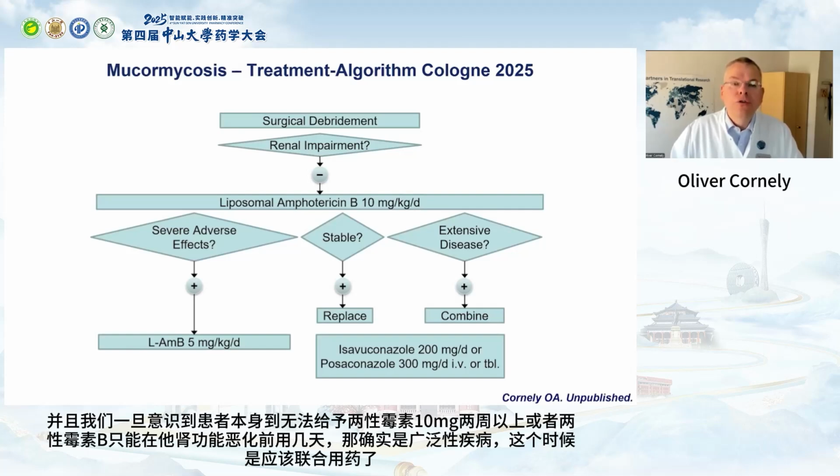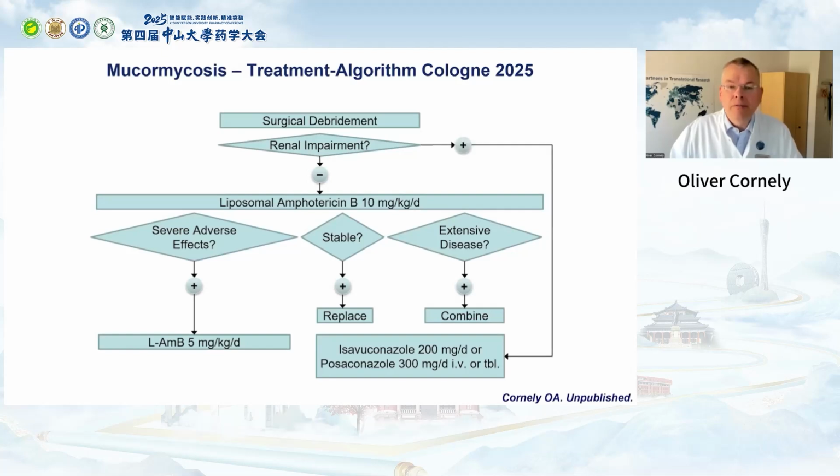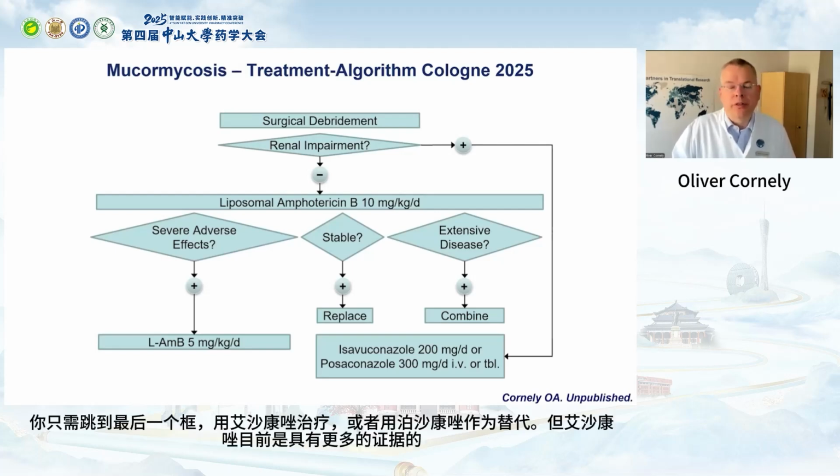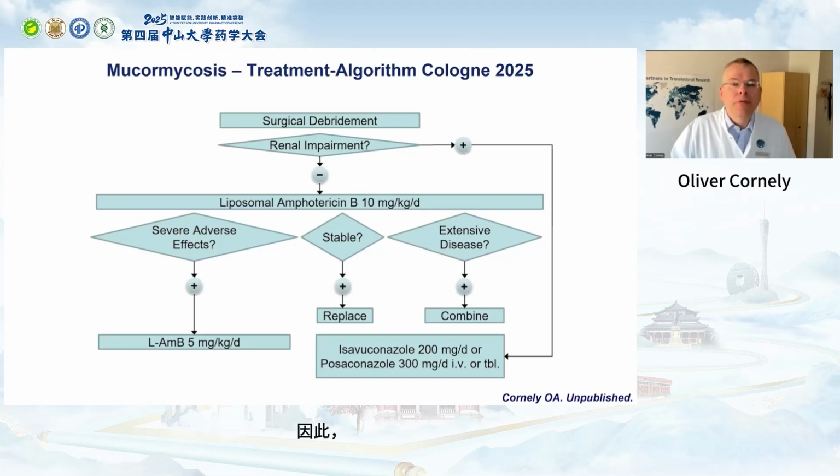If there is renal impairment, then it's much easier. You just jump down to the last box and treat with isavuconazole, or posaconazole as an alternative if at hand, but isavuconazole is the one where there is more data now. So that is what we do in Cologne.